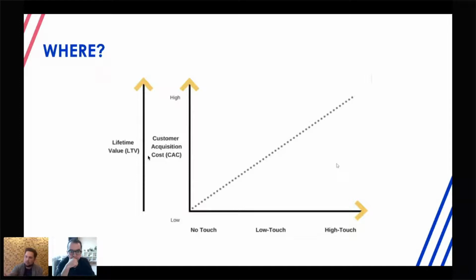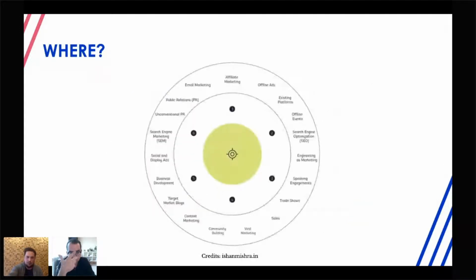So the simple rule is that the higher your LTV is, the higher touch you should have.